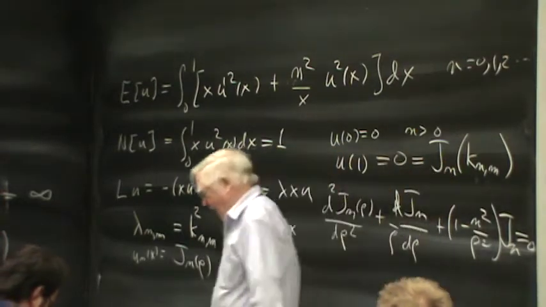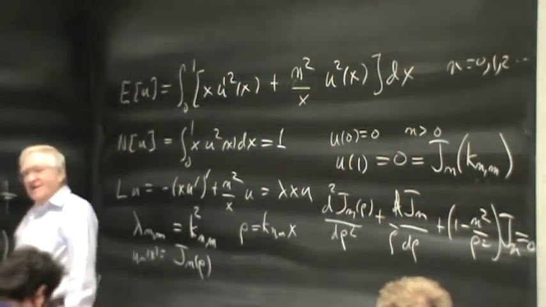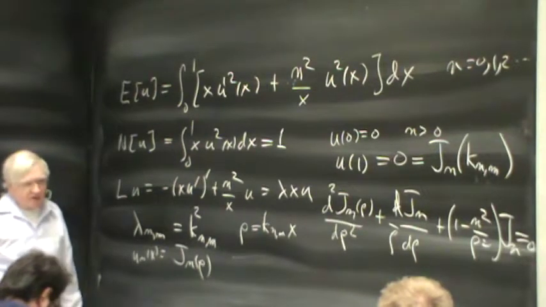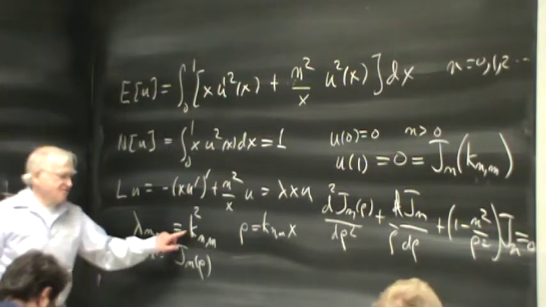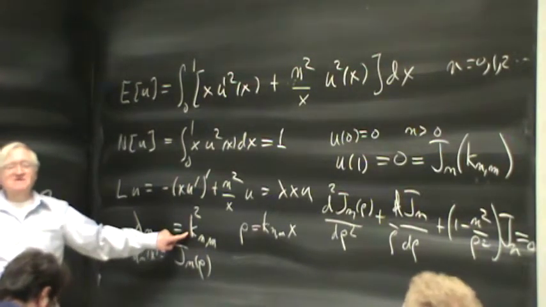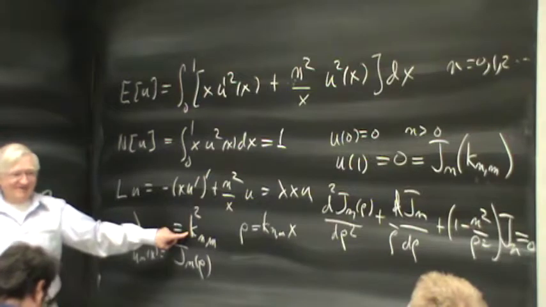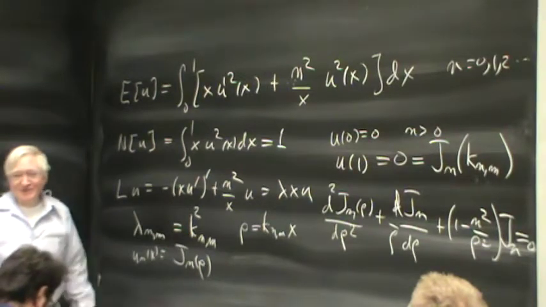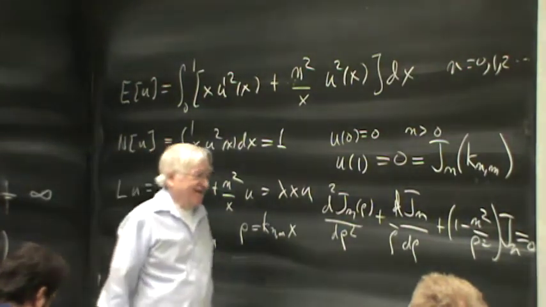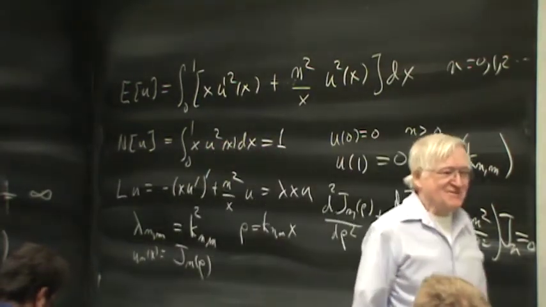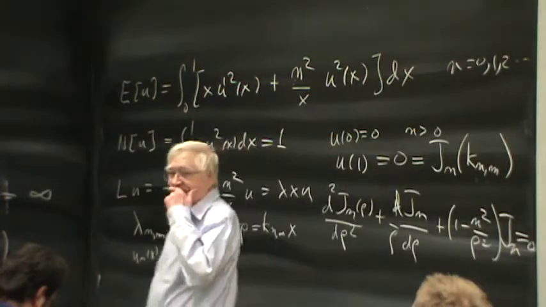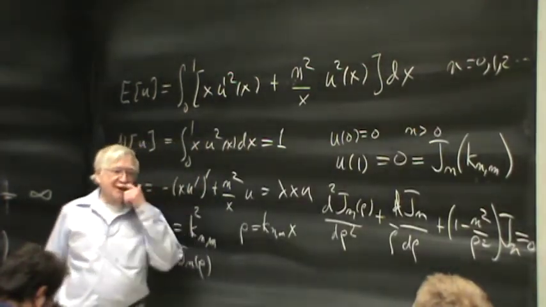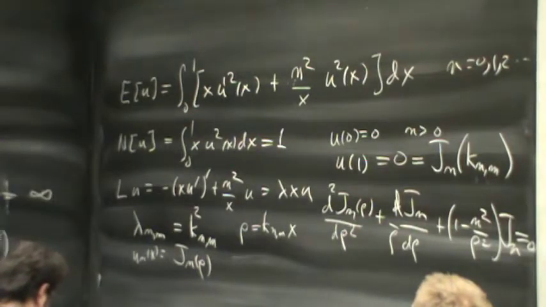And a friend of mine, David Waxman, once told me that during the Second World War, and possibly even during the 1930s, the zeros of the Bessel functions were state secrets of the British government. That's impossible for us to imagine because we can just use MATLAB or Mathematica or Google to find them, but in the 40s that was the case. Oh, what were they used for in the war?